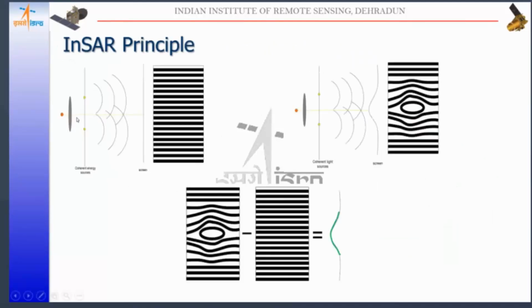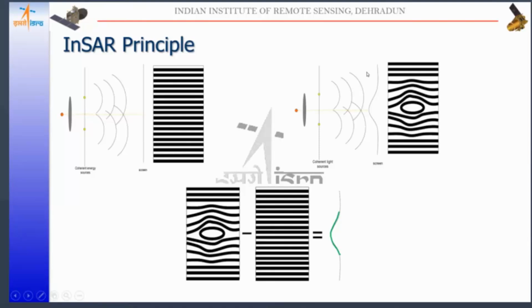Here we can see, if this is the source of light and we have two slits, then we have two sources of waves. When there is a normal screen, they will form the interference, and dark and bright fringes will form on the screen like this, because the screen is flat.